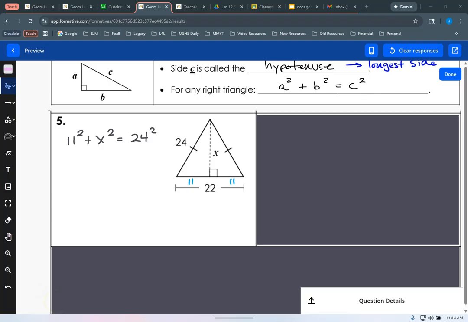You should have figured out that this is what you're going to use here to find your missing side length. So here's your right triangle.